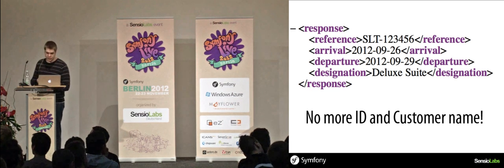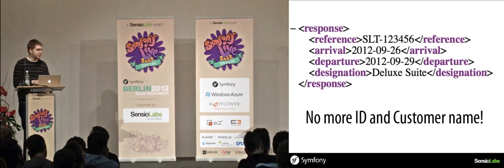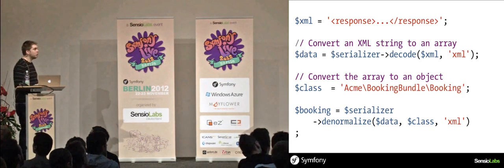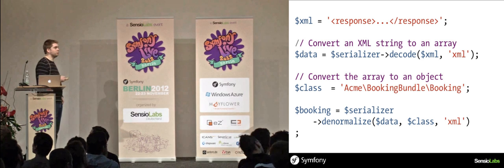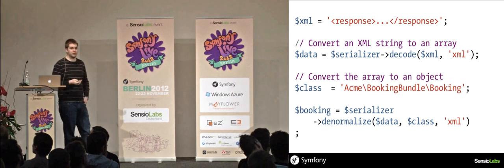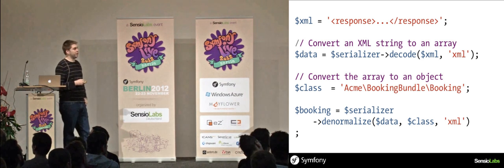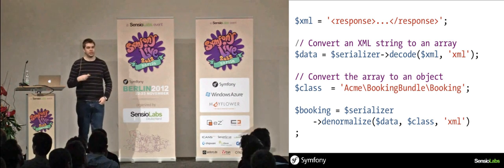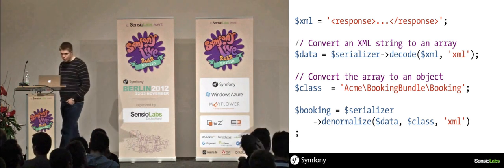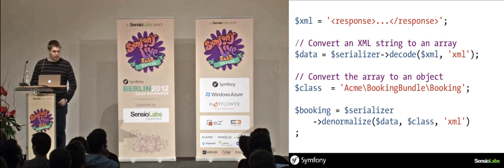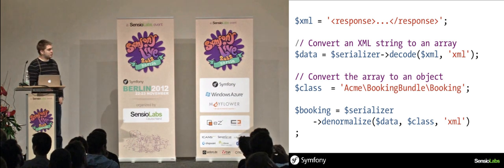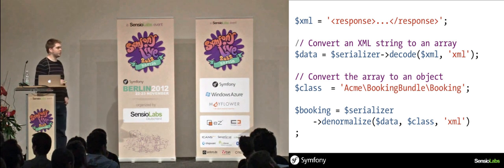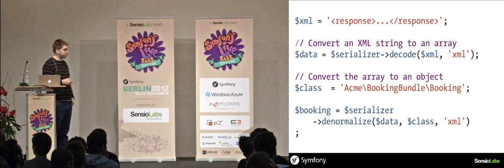And you can unserialize your objects. So there is my XML response or my JSON response. Then I call the decode method on my serializer, and I pass my XML string, and I will use the denormalize method to get the booking object.